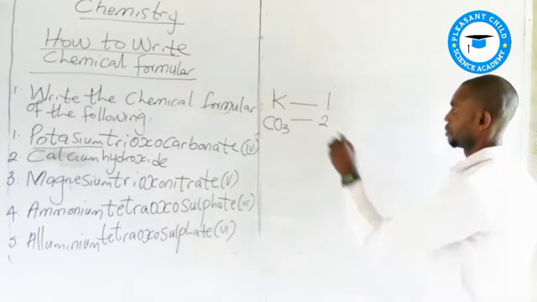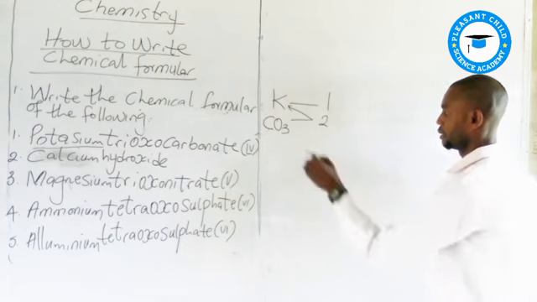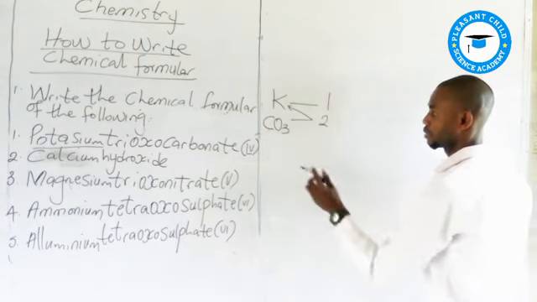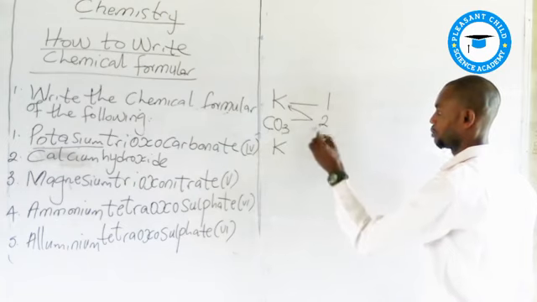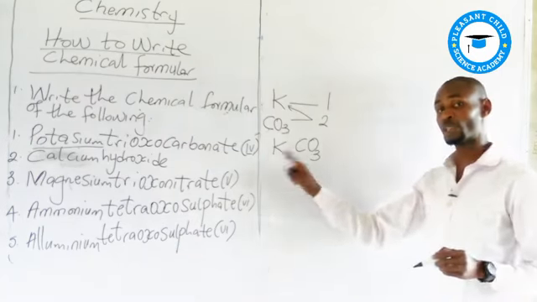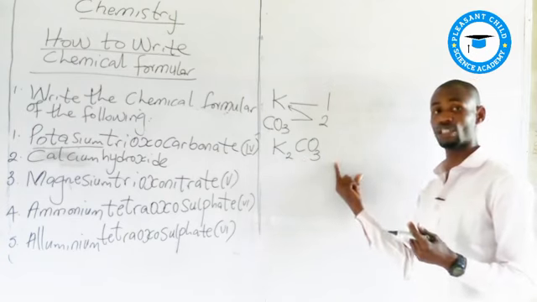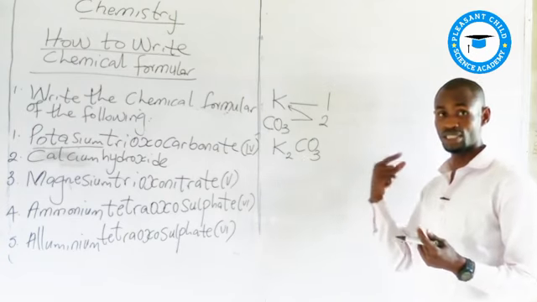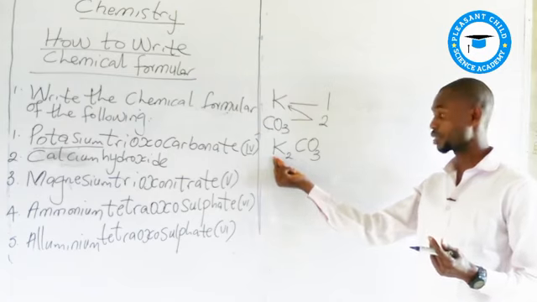So right now, this 2 will come here, and the formula we are going to have eventually for potassium trioxocarbonate(IV) will be K2CO3. You can replace potassium with sodium. If it is sodium trioxocarbonate(IV), it will still give you a similar formula. The only thing that will be different is that the symbol of sodium will be here instead of the symbol of potassium.